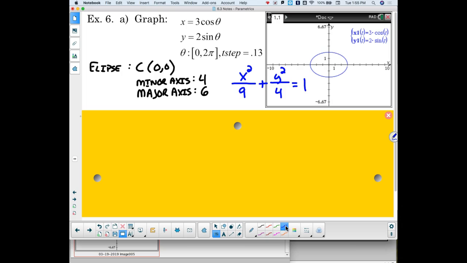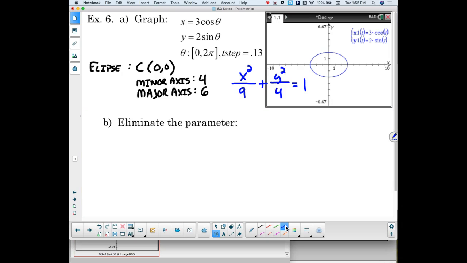From the center to the top vertically, that's the b I should say, it's 2 up. And from the center to the vertex, because that's the endpoint of the major axis, was 3. Love it.